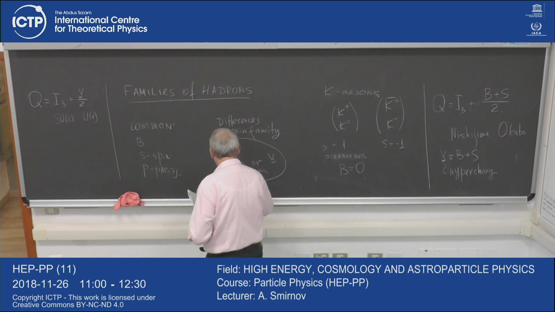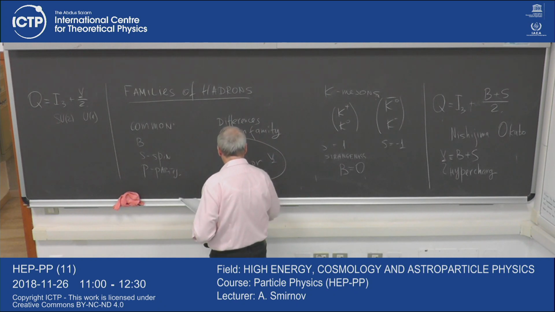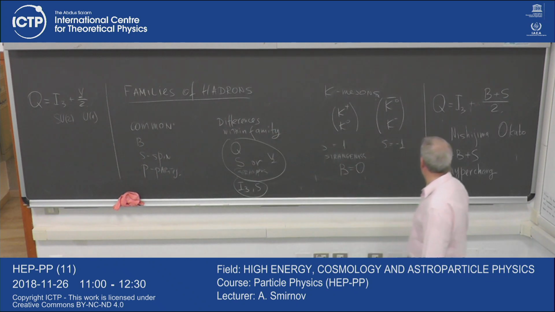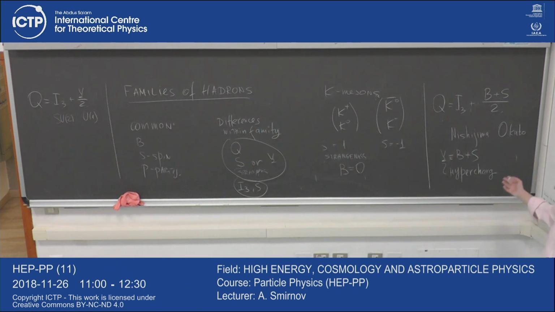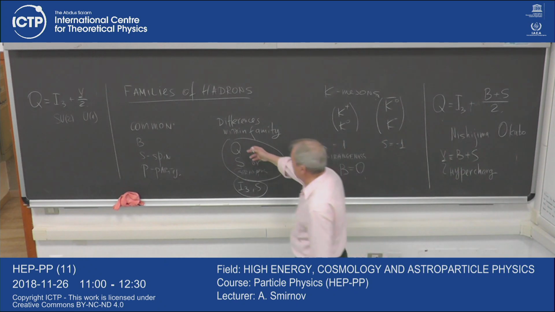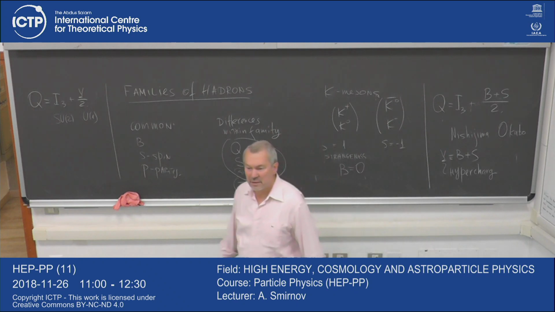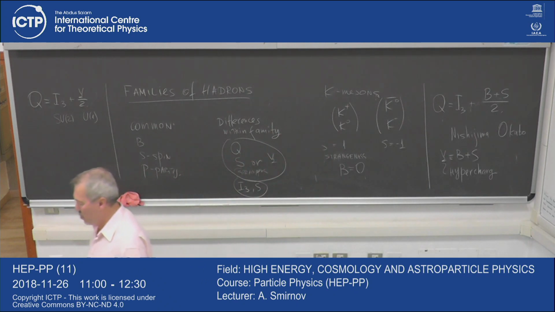Alternatively, you can use I3 and strangeness, because they are not independent, right? So you can use Q and S, or I3 and S. And baryon number is the same for all the members of the family. Okay?